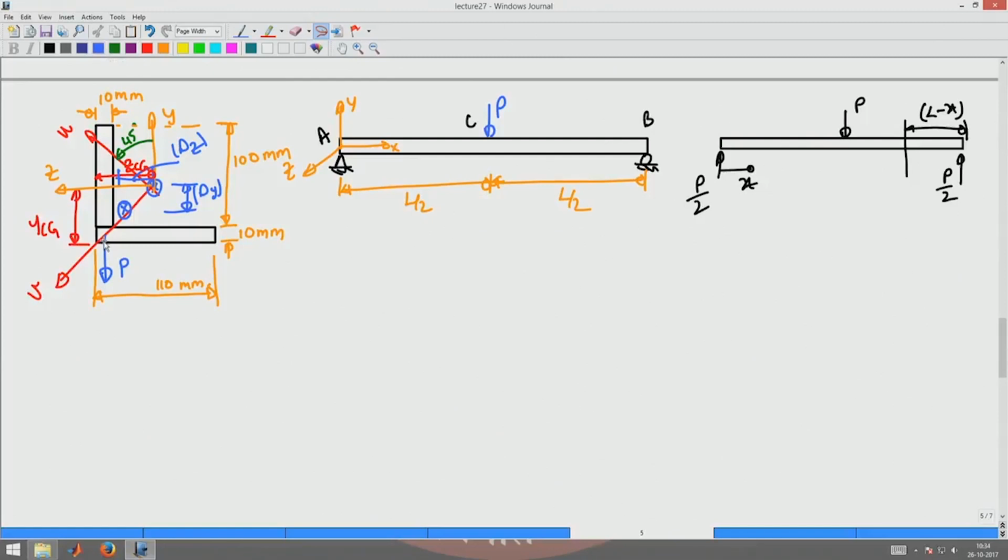So this P when resolved along u and v would be, along v, P by root 2 because it's a 45 degree rotation. That's what we saw for the principal axis from the given axis. So this will be P by root 2, and along the u is going to be P by root 2.